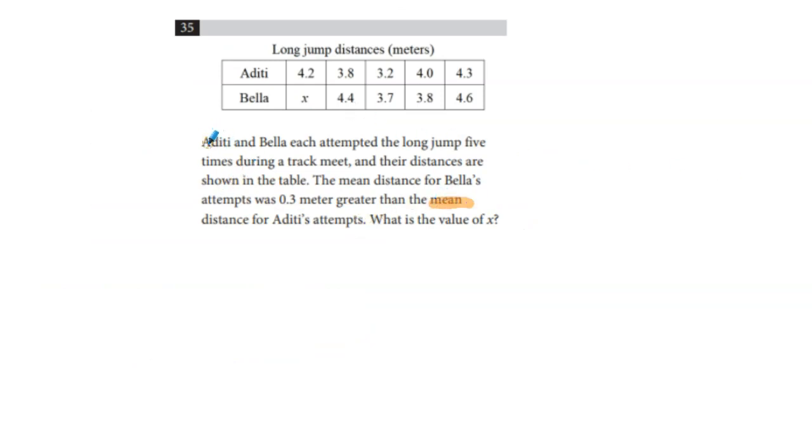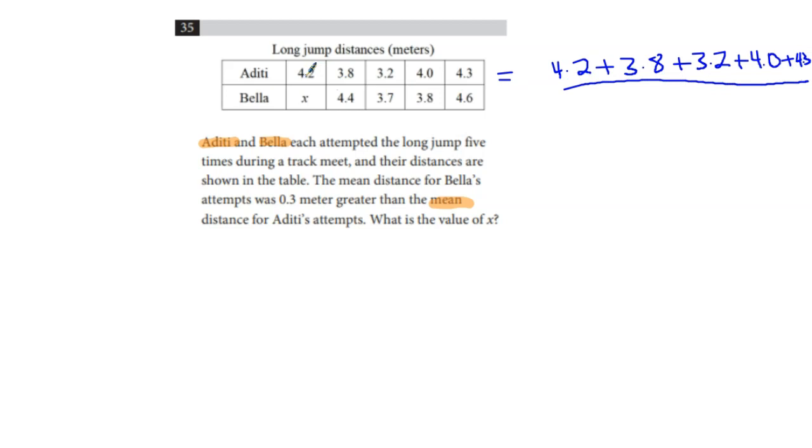So we are going to find the mean for Aditi and Bella. The average for Aditi is 4.2 plus 3.8 plus 3.2 plus 4.0 plus 4.3, all over, you count the individual 1, 2, 3, 4, 5.